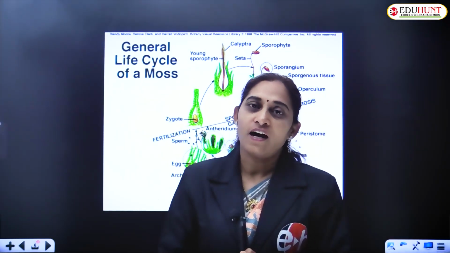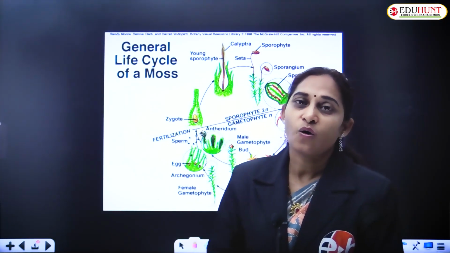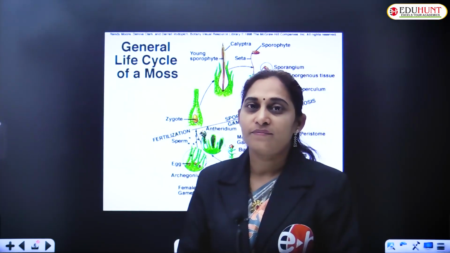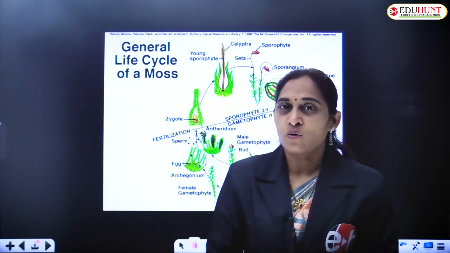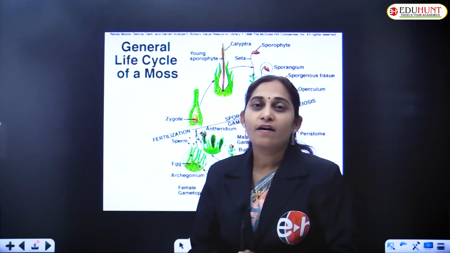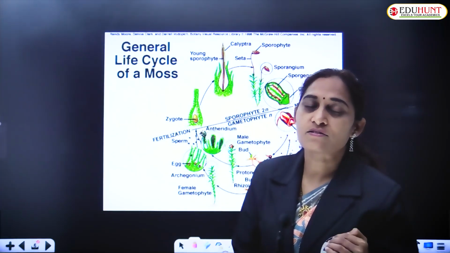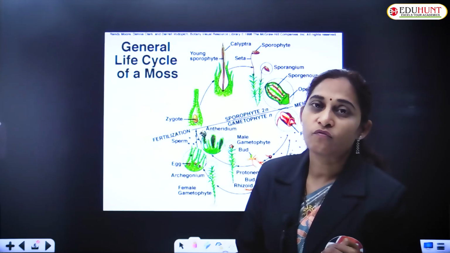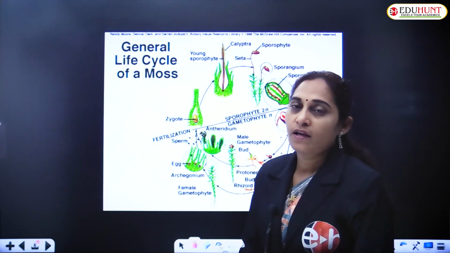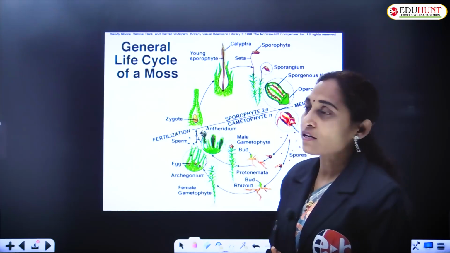That is why they are commonly called amphibian plants of the plant kingdom. So this we all know. Anyway, we have discussed some of the general characteristics of the bryophyte group, and the remaining characters we'll discuss now.